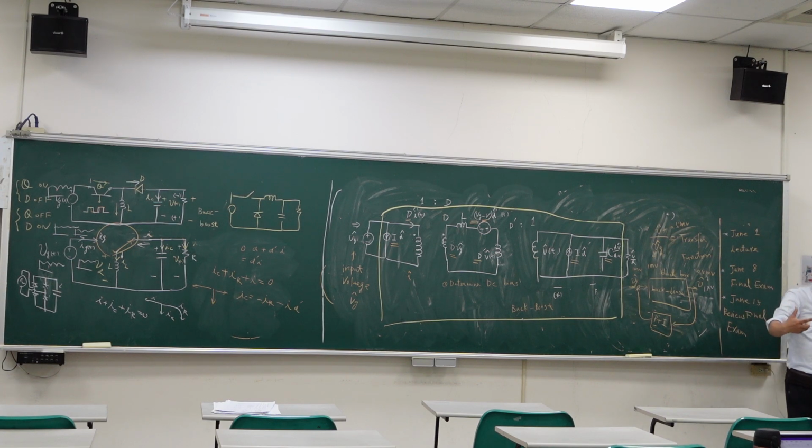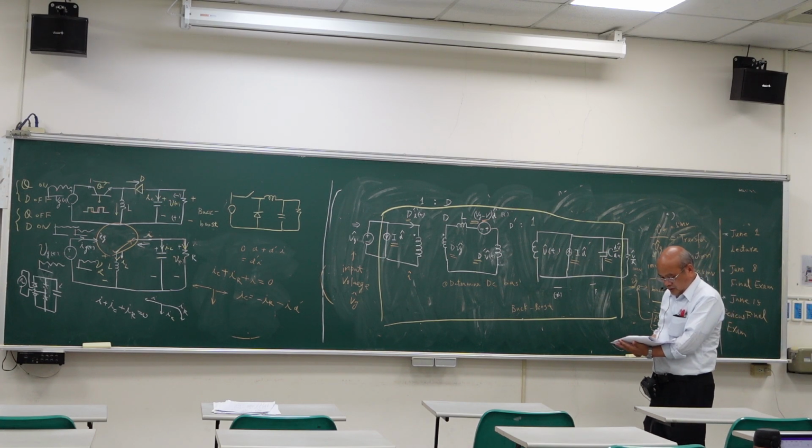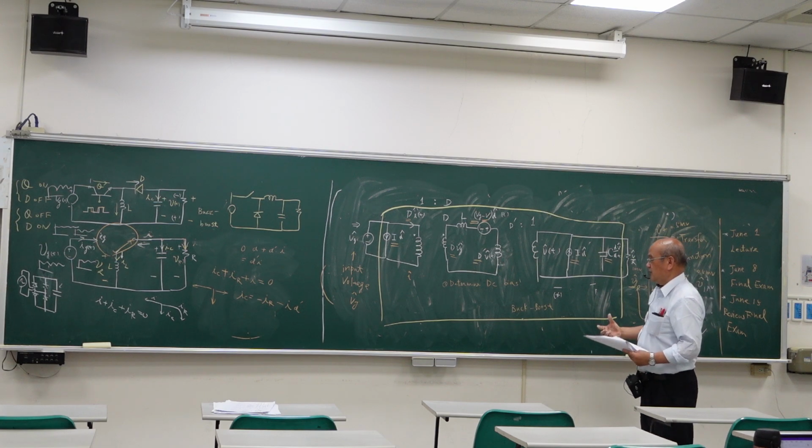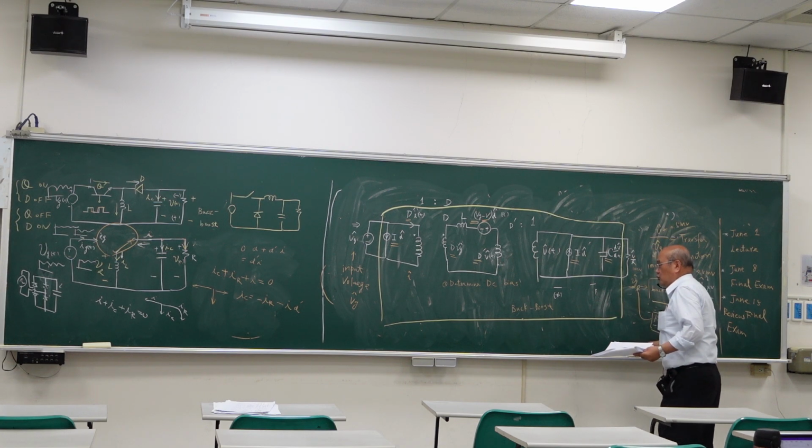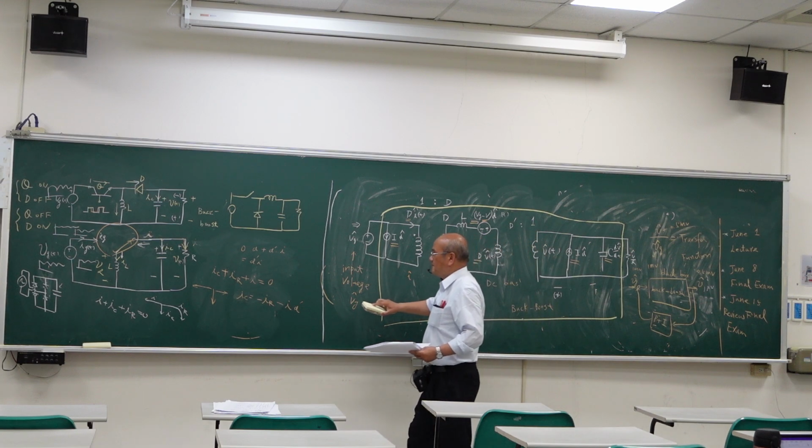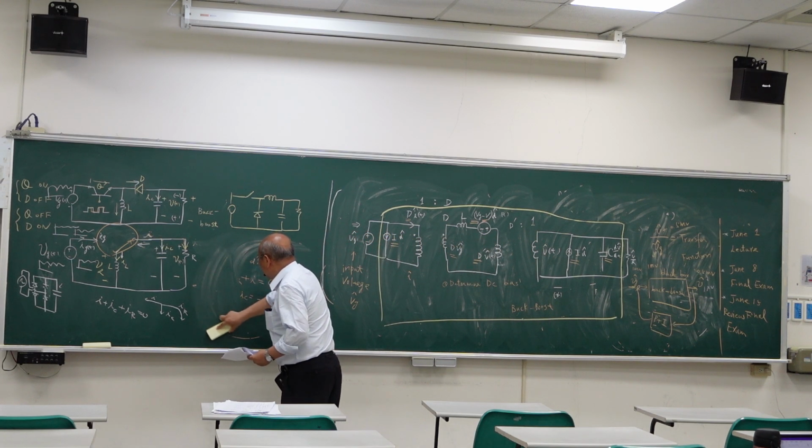Then I have to design a low pass filter, a controller. So how can you design the controller? Then you have to learn the transfer function. So this is the first method to use the mathematical model to describe the buck boost converter.